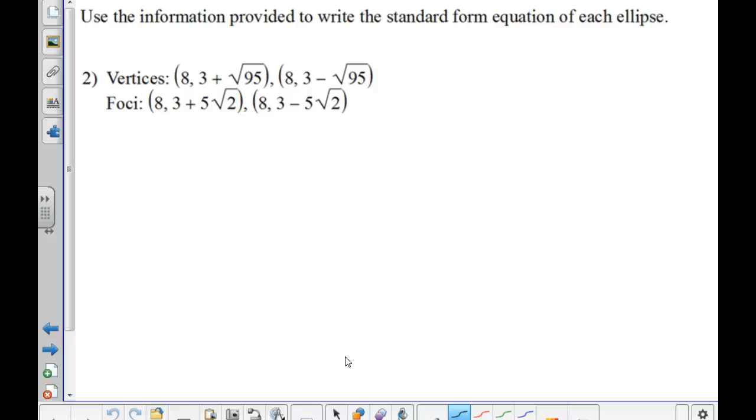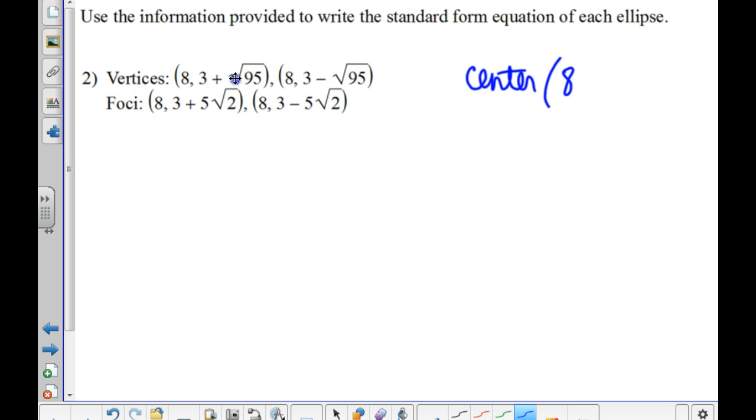Okay, number 2 is an ellipse. This is looking ugly, isn't it? Can we find the center? Isn't the center halfway between the vertices? Yeah, because 8 and 8 added together divided by 2 is 8.